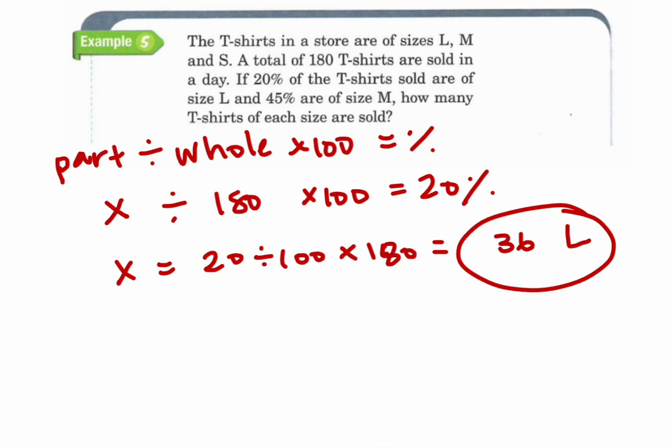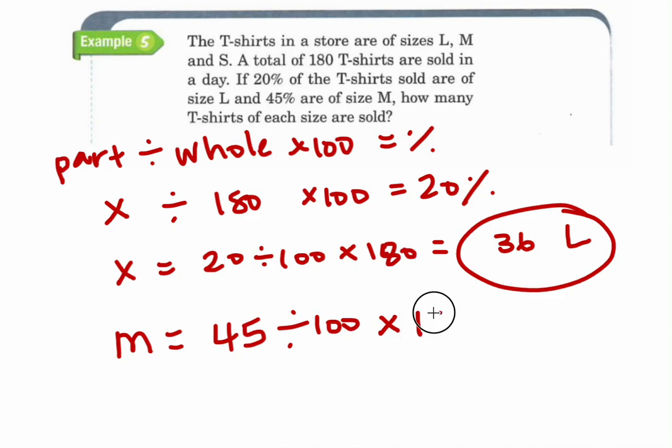So you could do that, work backwards, and then let's see, the mediums were 45%. So then same thing. Let's see, the mediums would be the 45, divide by 100, because normally you would times 100. You're doing everything backwards.